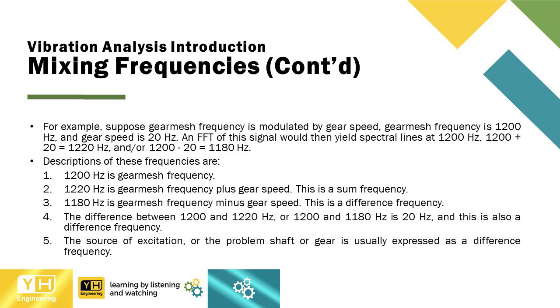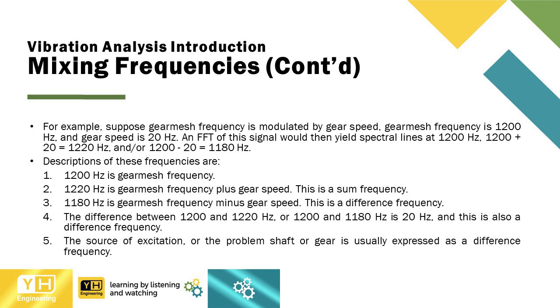Descriptions of these frequencies are: Number 1, 1200 Hz is gear mesh frequency. Number 2, 1220 Hz is gear mesh frequency plus gear speed. This is a sum frequency. Number 3, 1180 Hz is gear mesh frequency minus gear speed. This is a difference frequency.